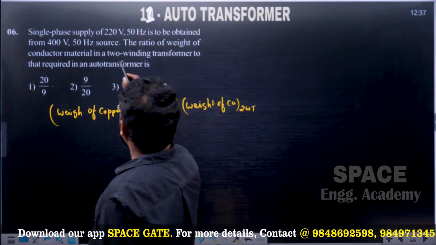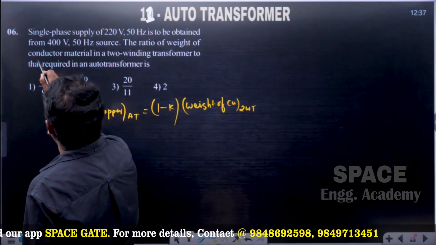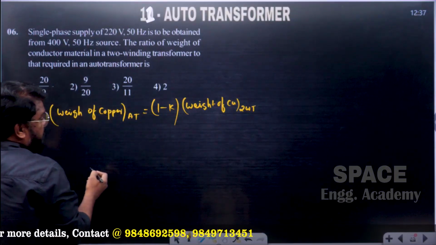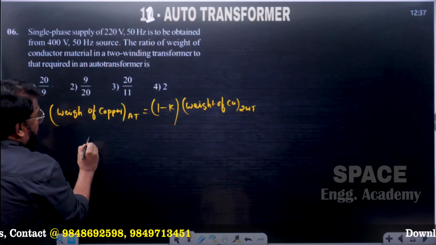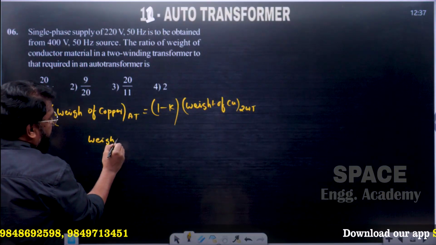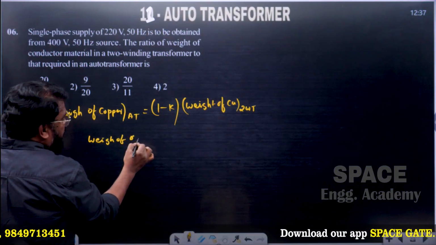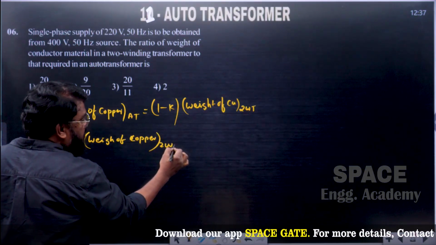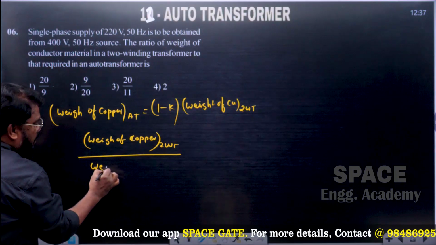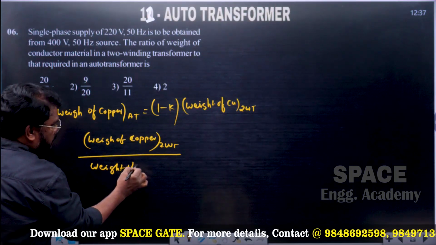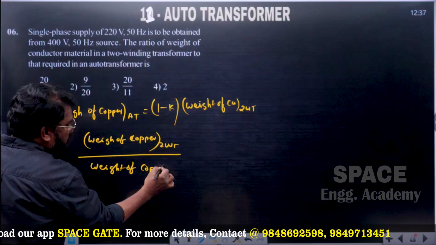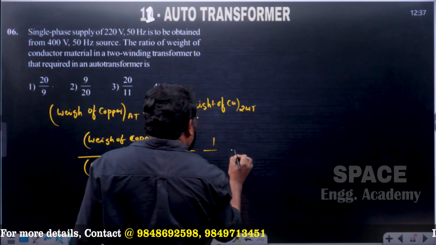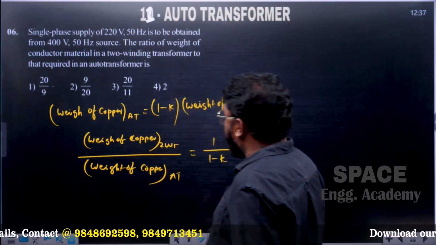Now we require the ratio of the weight of the conductor material in the two winding transformer to that in the auto transformer. So it is equal to 1 by 1 minus K.